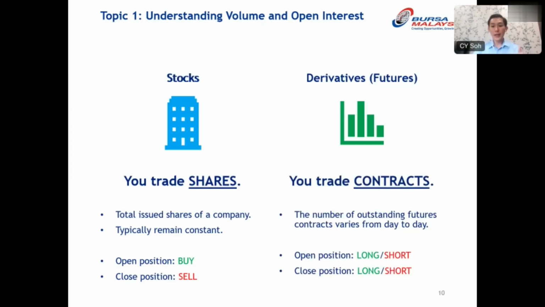Meaning, once you enter the futures market, you are actually creating a futures contract there. When you open a position in the futures market, you can go long or even short. And when you exit the futures market, it depends on your previous entry position. You can go long or short in order to close your position as well.